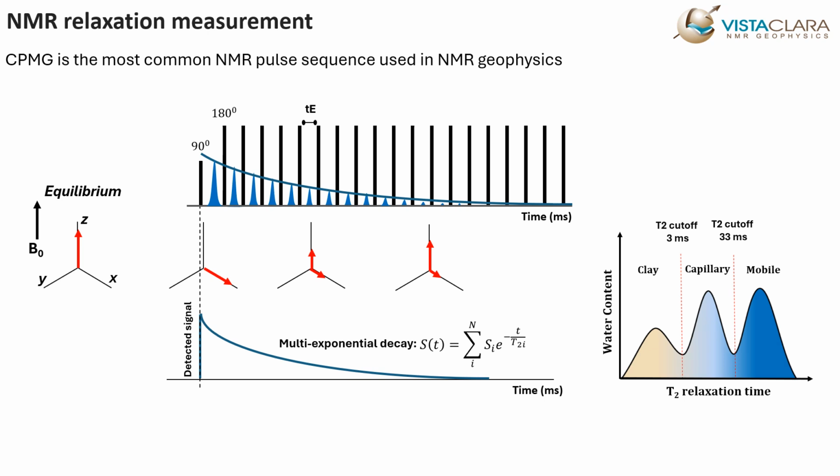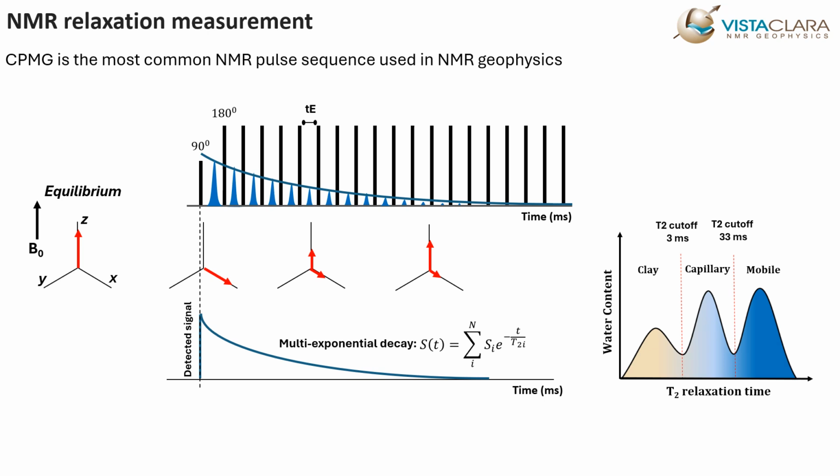After that, we have a series of 180 degree pulses, which we use to refocus the magnetization on the transverse plane, and we measure our signal in between each 180 degree pulse at the maximum of the echo.